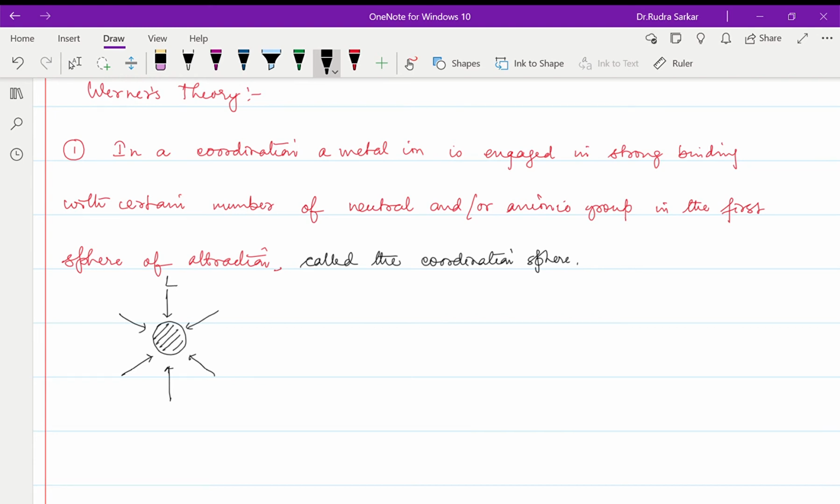Let's call these groups L. This is how it is surrounded, and this number of groups surrounding this metal ion will be called the coordination number, or the surrounding environment that it has created is called the coordination zone or coordination sphere.